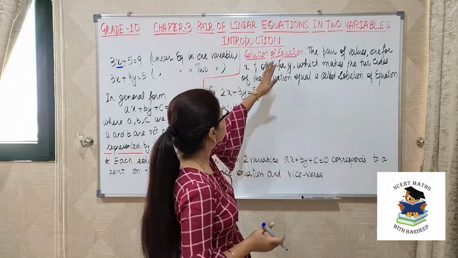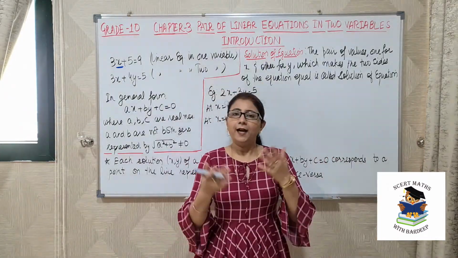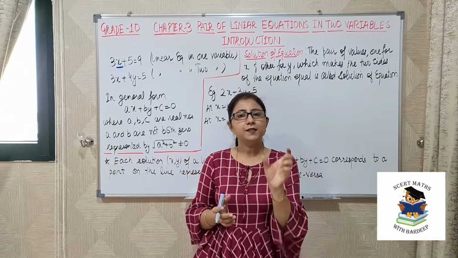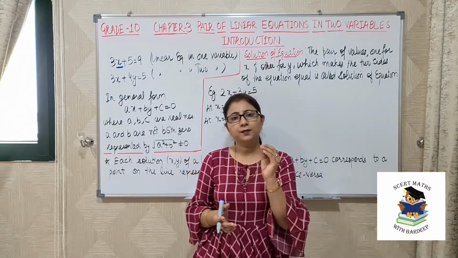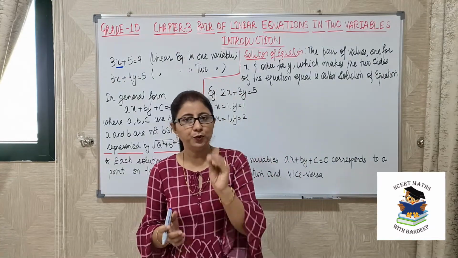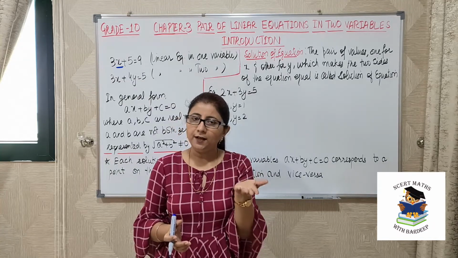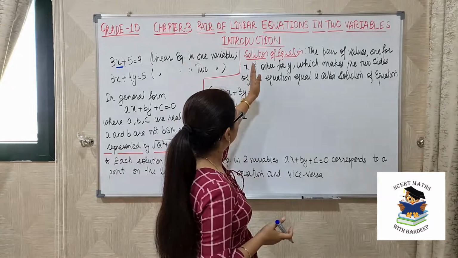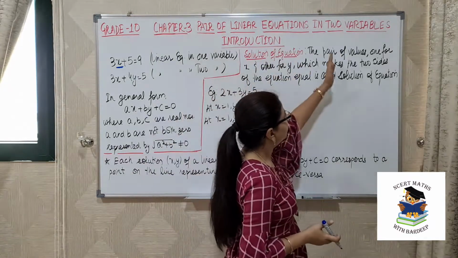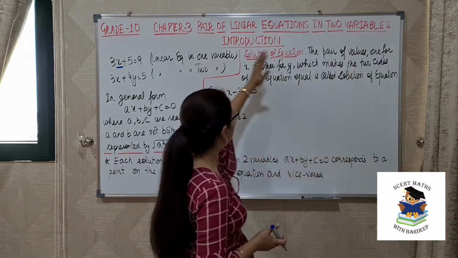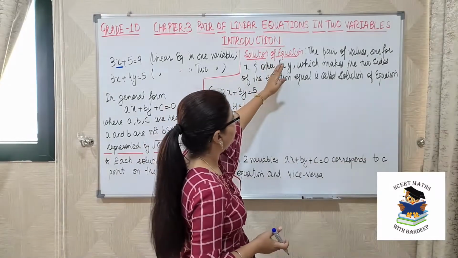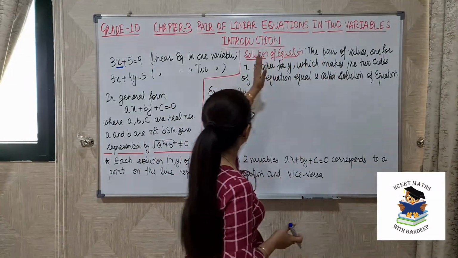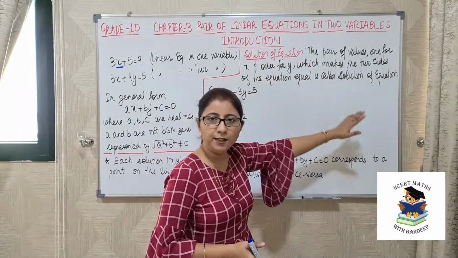Next is what is the solution of an equation. As you already know, the solution of any equation means what value we should put in our equation so that left hand side is equal to right hand side. So the solution of an equation is the pair of values, one for x and other for y, which makes the two sides of the equation equal.